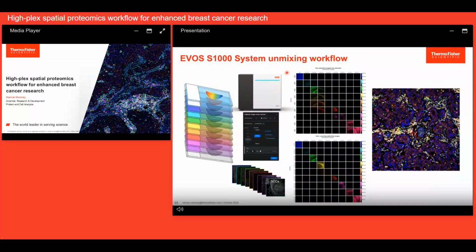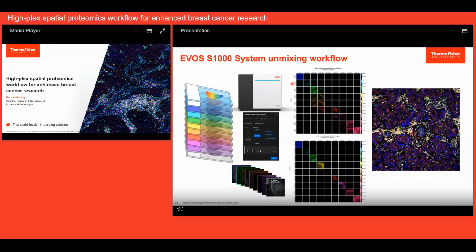These images are then built into the unmixing matrix that involves some math about which fluor contributes the most in each of these channels, which are a mixture of the channel and the filter set and the LED that's used to create it.